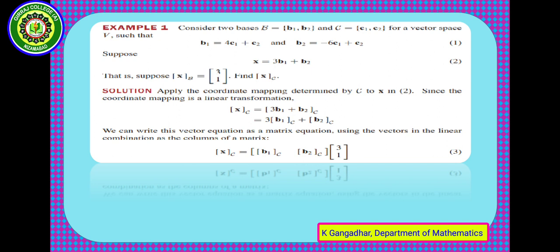So x relative to C equals the change of coordinate matrix P from B to C, times x relative to B. The matrix P from B to C is [b1 relative to C, b2 relative to C], which is the matrix with columns (4, 1) and (-6, 1), times x relative to B, which is (3, 1).